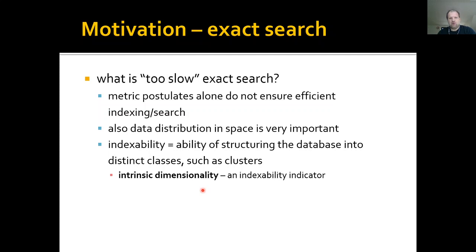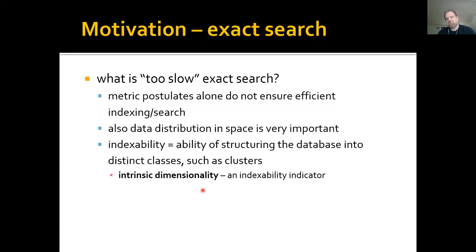Okay, and what is too slow? Let's specifically talk about what we already have. So we have the metric postulates for the metric indexing, and these postulates are a tool to construct the lower bounds. We already talked about lower bounds, and these lower bounds allow us to filter non-relevant objects from the search. But these postulates alone do not guarantee any efficiency.